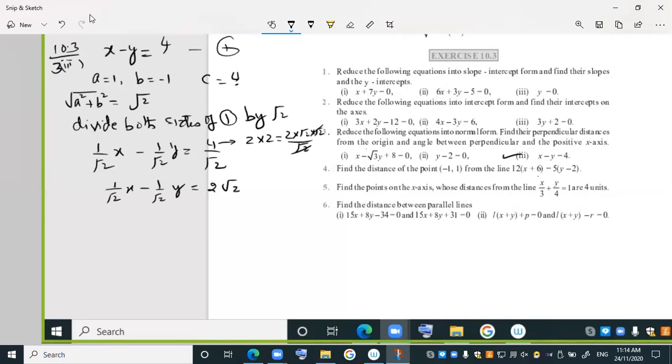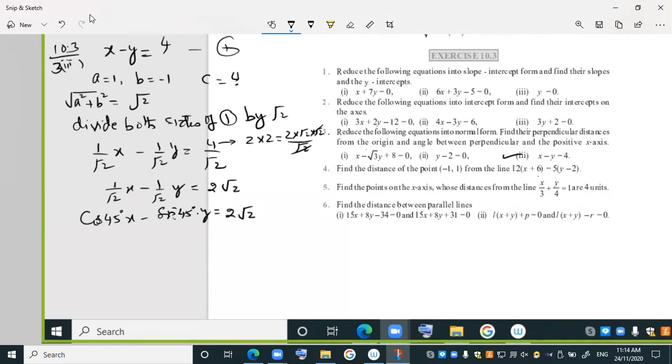And 1 by root 2 is the value of cos 45 degree. So we can write cos 45 degree x minus, this is also sine 45 degree into y is equal to 2 root 2. But here it is minus, so this minus should be removed.